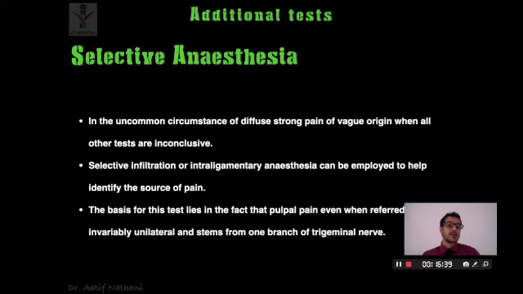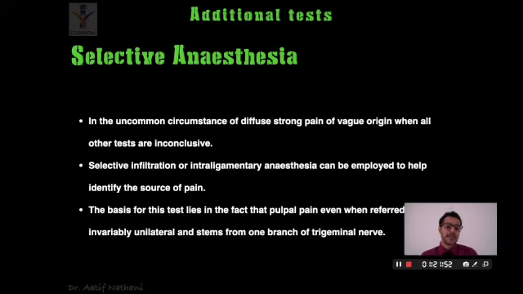Now, in the uncommon circumstance of diffuse strong pain of vague origin, when the patient is unable to relax and is not able to come back to a normal state, this is the test that can be used. Selective infiltration or intraligamentary anesthesia can be employed to help identify the source of pain.